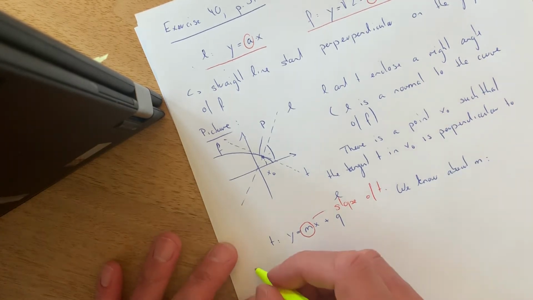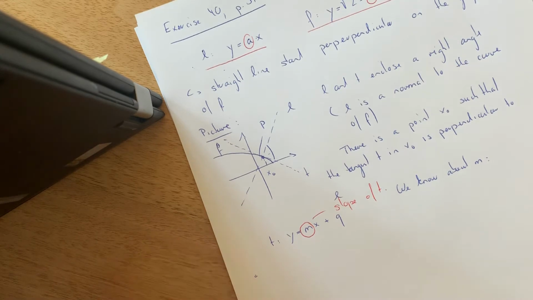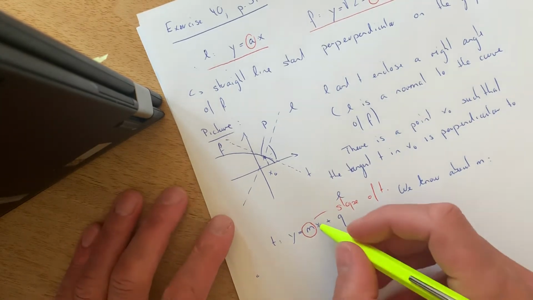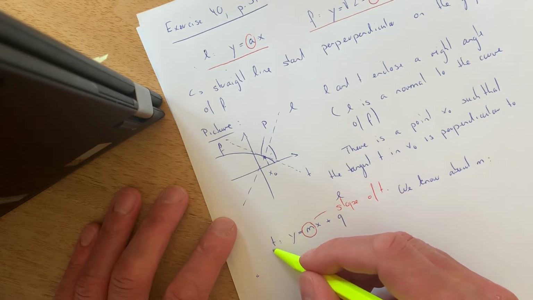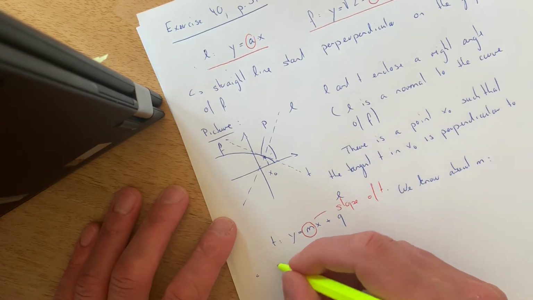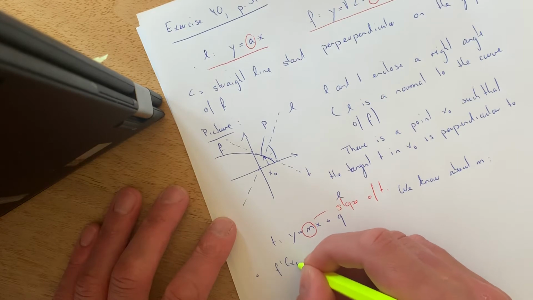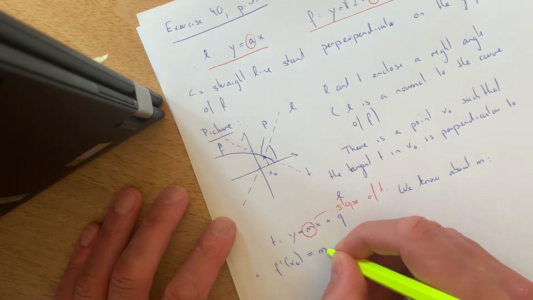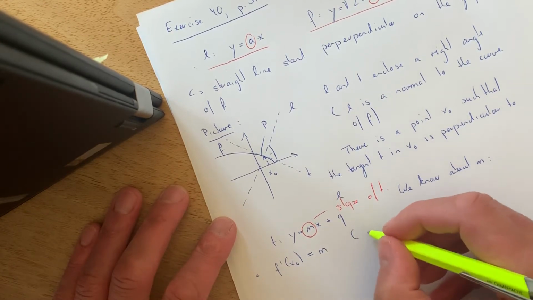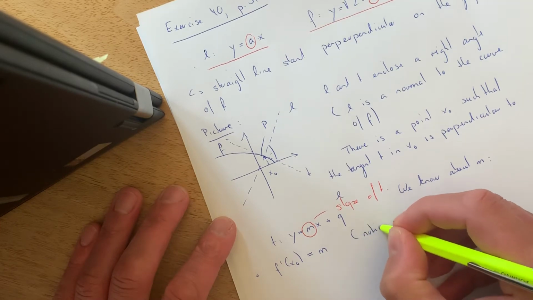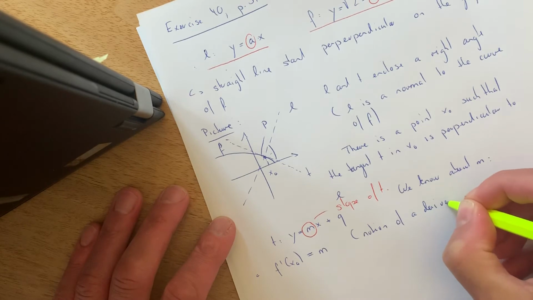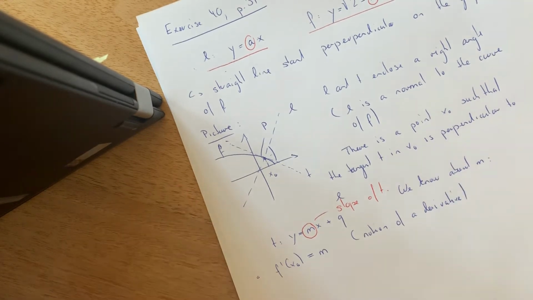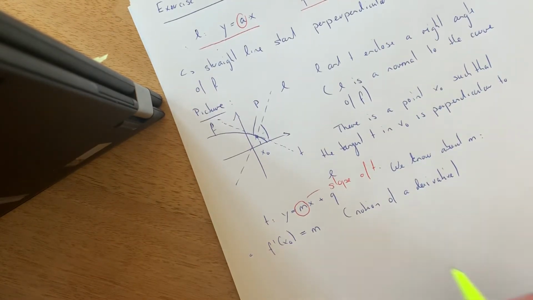The important thing is we know not only one thing, we know two things. First of all, m is the slope of the tangent, and the slope of the tangent is given by the derivative. So f prime of x0 equals m. That's just that notion of a derivative. That's the definition. So at this moment, this should no longer be any surprise.